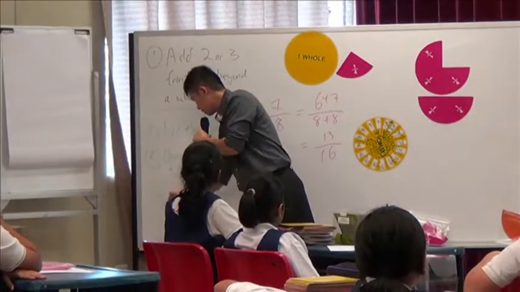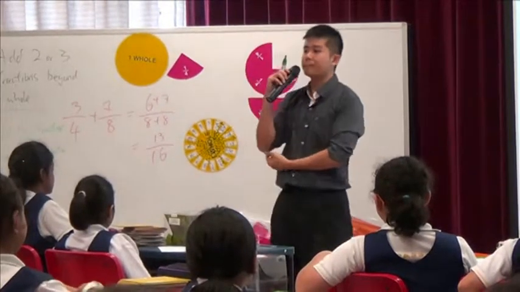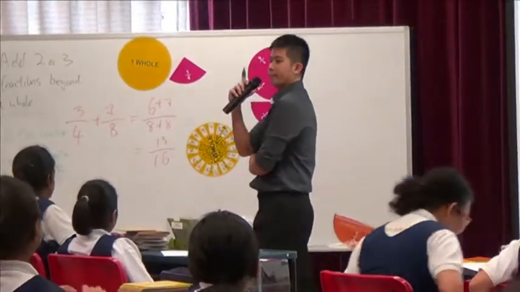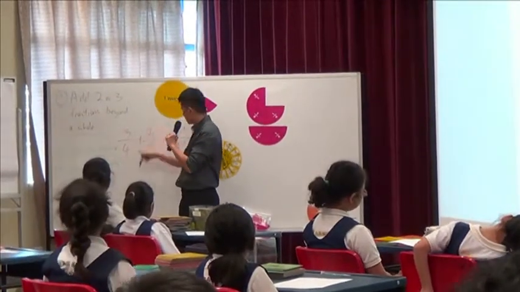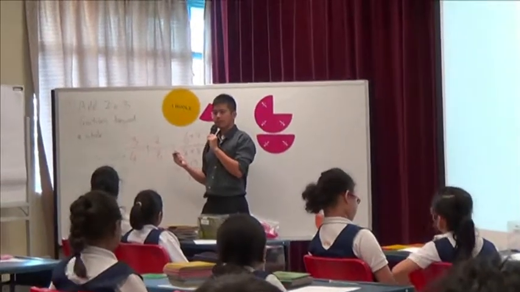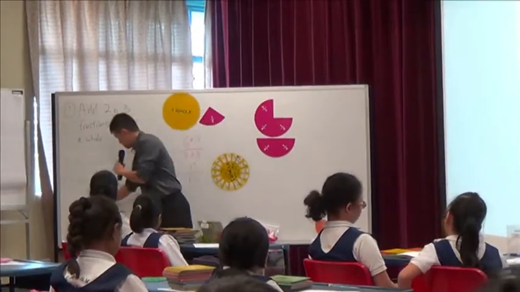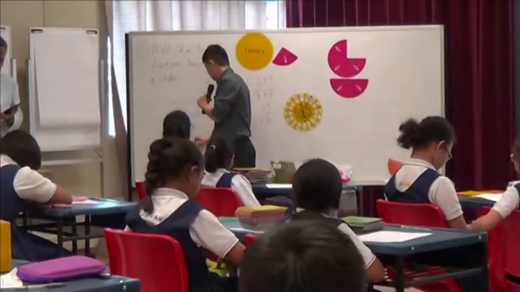Okay, and what's the next step? Once you have changed the denominators to be the same, what do you do with the fractions? Add them together, is it? Be more specific. Ah, Chita, very good. Add the numerators together.